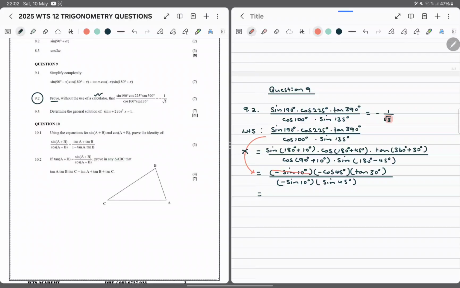Okay, let's keep going. What is this? Since this whole thing is a product, this bracket will divide that to 1 and it's gone. So we're left with minus 45 is minus 1 over square root 3. Sorry, no, square root 2. Okay, then tan of 30 is 1 over root 3, isn't it?